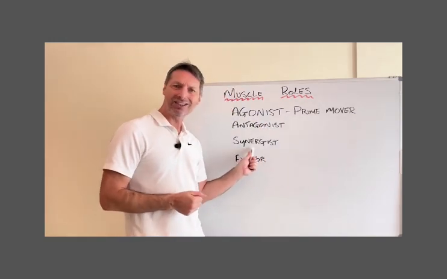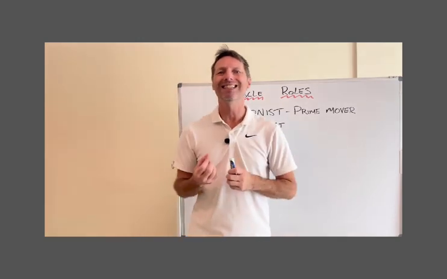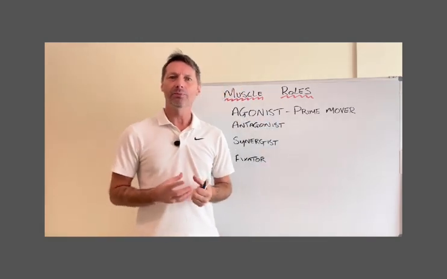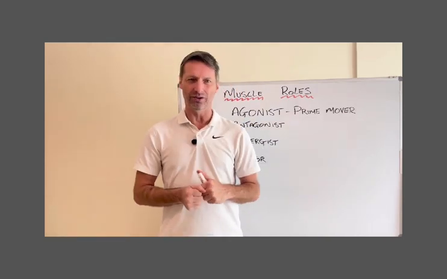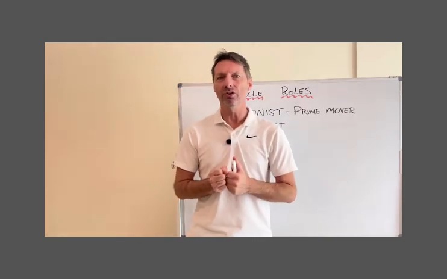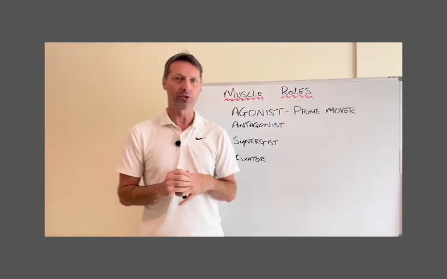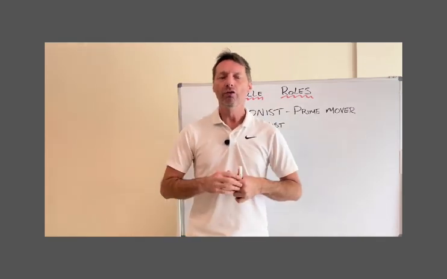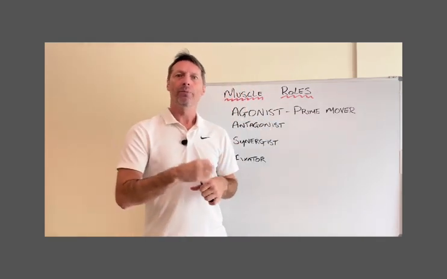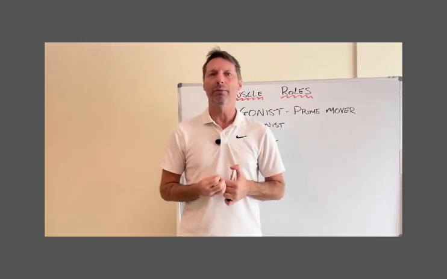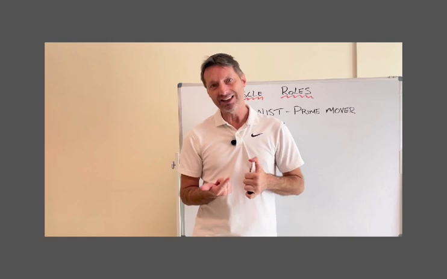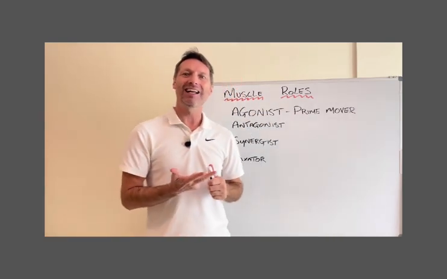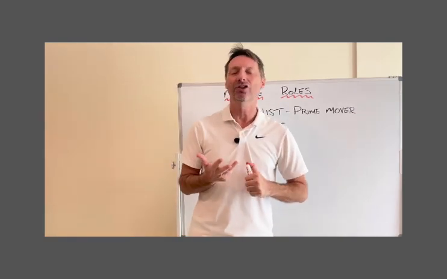The synergists are the muscles that are going to assist in this movement, the leg extension. So again, this is why it's important for you to know your muscles within muscle groups. Quadriceps, meaning four. There are four muscles in the quadriceps: the rectus femoris, vastus lateralis, vastus medialis, and vastus intermedius.